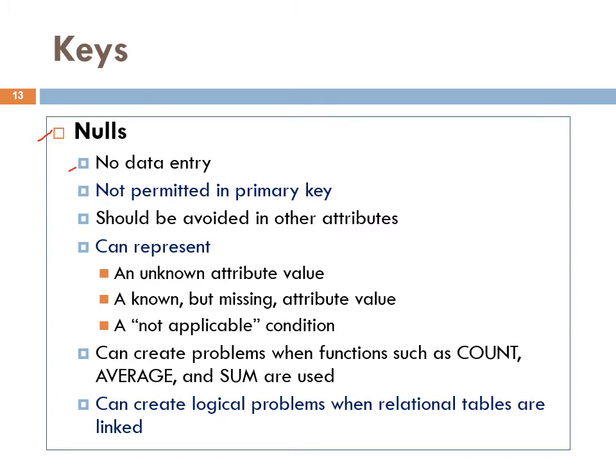It is a no data entry, not permitted in a primary key, should be avoided in other attributes, and can represent an unknown attribute value, a known but missing attribute value, and a not applicable condition. It can create problems when functions such as count, average, and sum are used. It also can create logical problems when relational tables are linked.